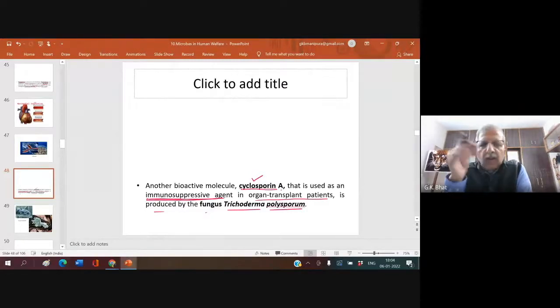But even then, when the kidney of the donor is put inside the body of the patient, the patient's immune system, thinking that it is an outside organ, tries to attack it. It tries to reject it by attacking it. The immune system wants to reject it.